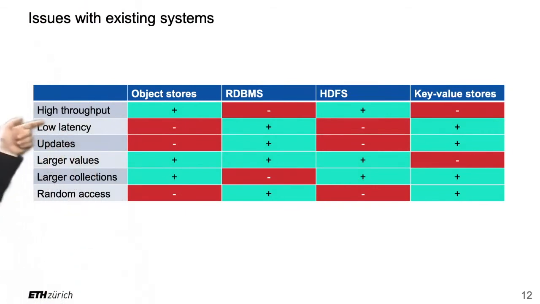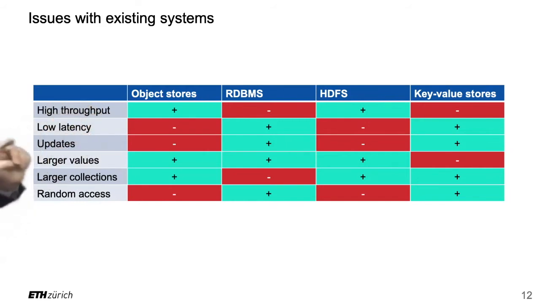So you see here, we have the throughput, the latency, whether you can update the data, whether you can store bigger values than what would fit the typical value that would be atomic. Larger collections, can you handle billions or trillions? And random access, can you access a very specific portion of the data somewhere?